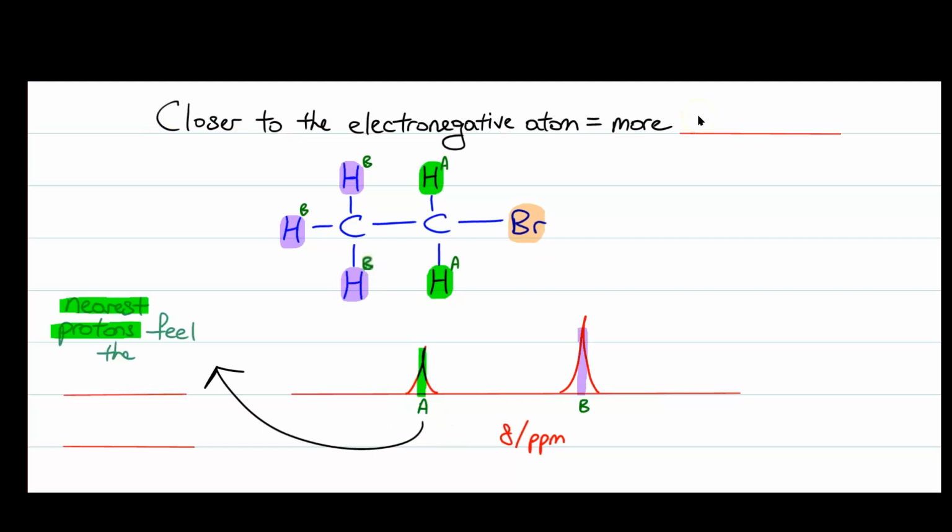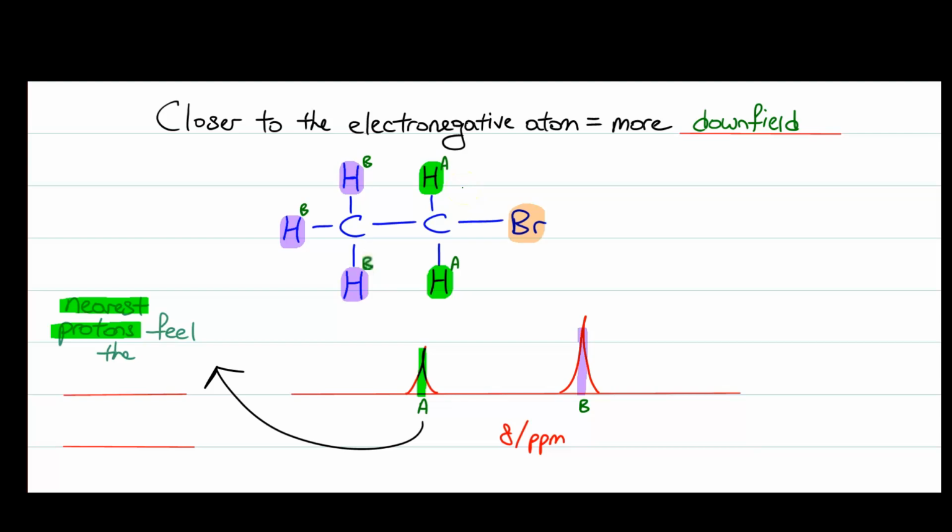This gives us a very useful rule. The deshielding effect of an electronegative atom is strongest on the protons closest to it. Closer to the electronegative atom equals more downfield. The effect gets weaker as you move further away. So when you compare proton environments, always ask yourself which proton is nearest to the electron withdrawing atom.